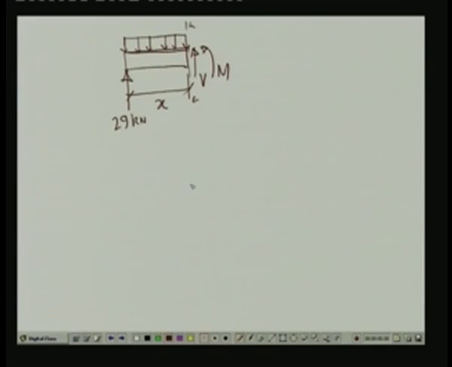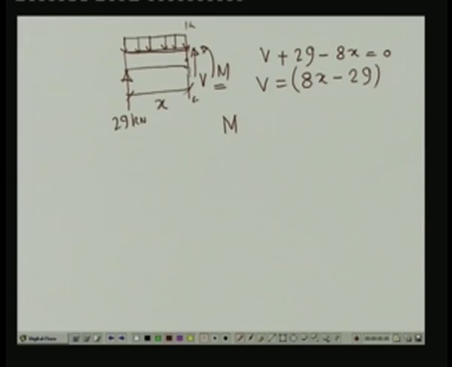Now, if we take the equilibrium of the vertical forces, we have V plus 29, which is RA, minus 8 into x over the length x, equals 0. So, the shear force V is equal to 8x minus 29. Now for the bending moment, if we take the moment of all the forces with respect to section AA, we have moment M in the anticlockwise direction.